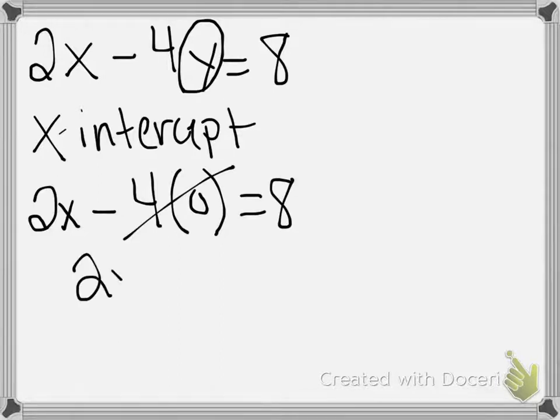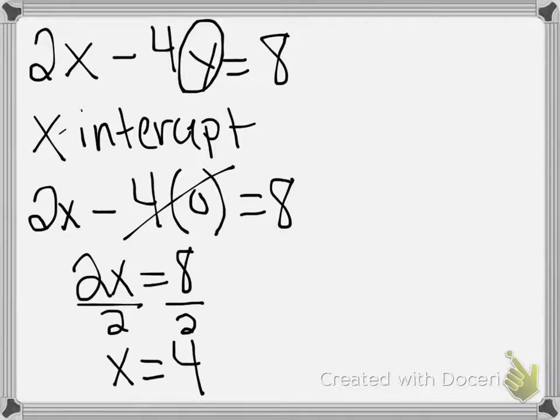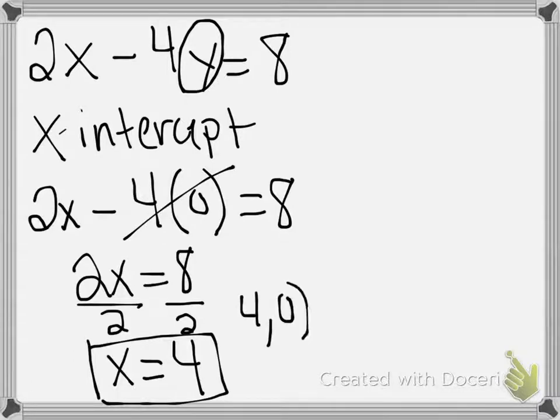So I have 2x equals 8. Then I divide by 2, x equals 4. So that means my x-intercept is 4. So my graph's going to cross my coordinate plane on the x-axis at 4. And if I'm going to write that as a point, it would be 4, 0.